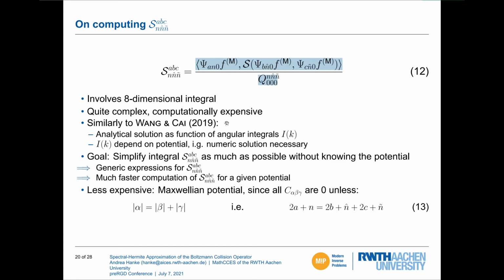And similarly to Wang and Chai, we were able to give an analytical solution as a function of angular integrals. We can solve 6 dimensions of the 8-dimensional integral and end up with an expression that only involves the angular integrals, which make up the remaining 2 dimensions of the full integral.